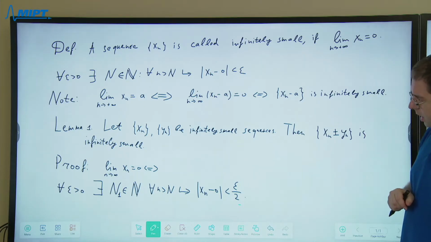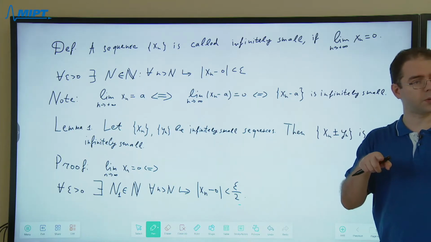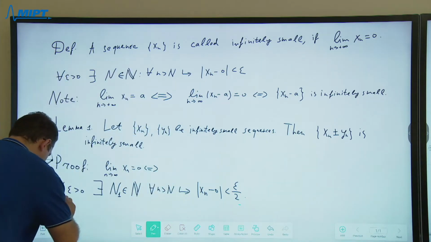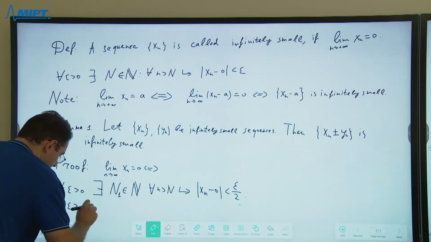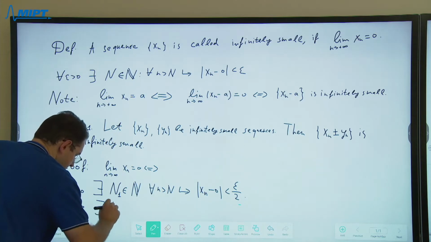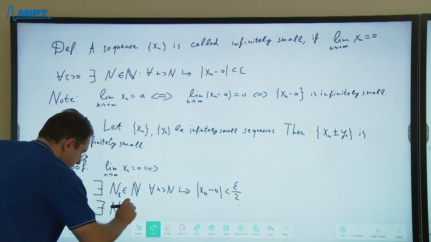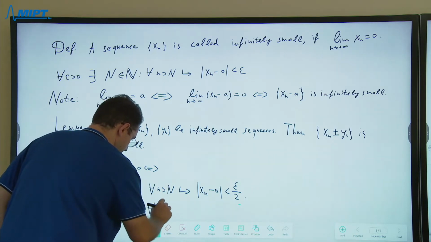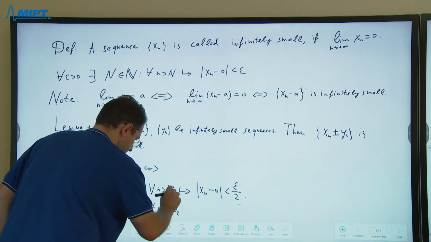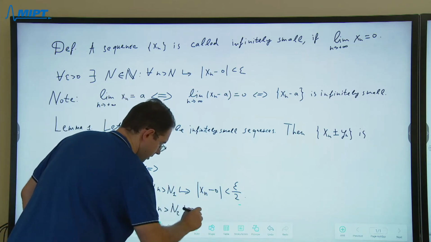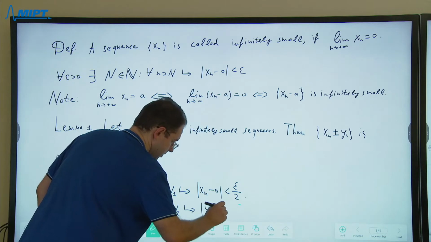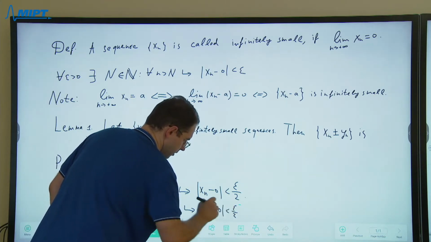Okay, now let's write down the definition of the limit of yn being 0. For any epsilon greater than 0, there exists N2, such that for n greater than N2, it follows that the absolute value of yn minus 0 is less than epsilon divided by 2.